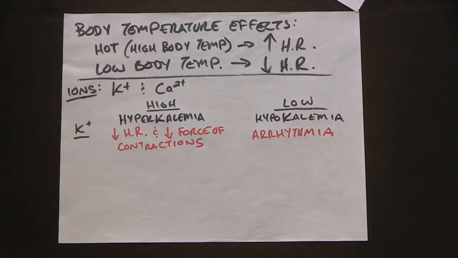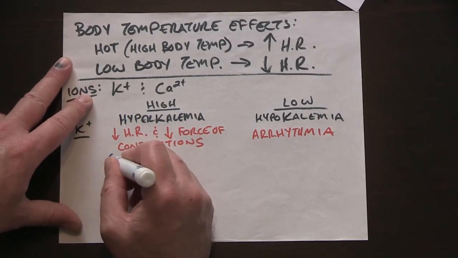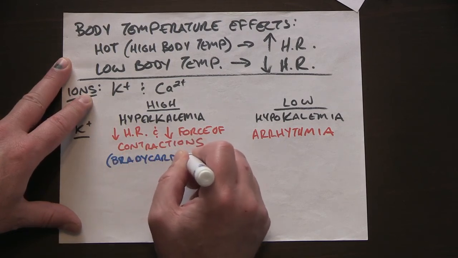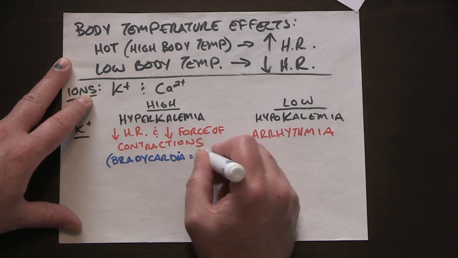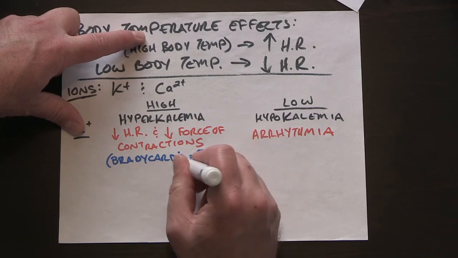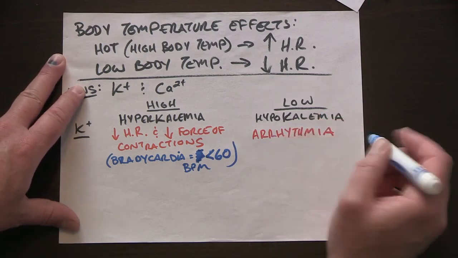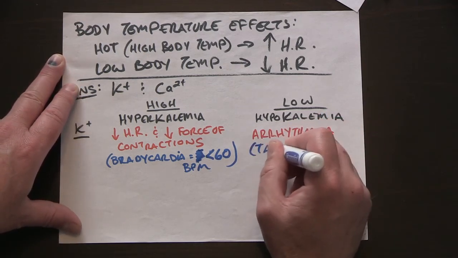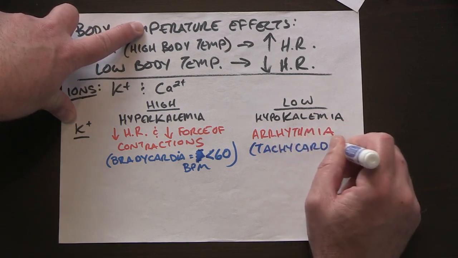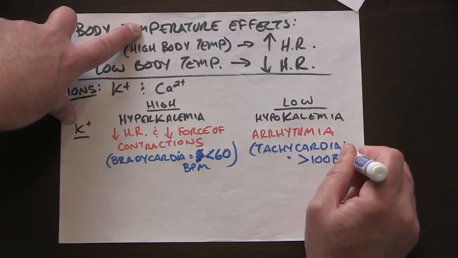This can cause what's called bradycardia, or a low heart rate, which is not less than or greater than. Your heart rate drops below 60 beats per minute, BPM. On the flip side, if you have arrhythmia, this can cause tachycardia, which is greater than 100 beats per minute.